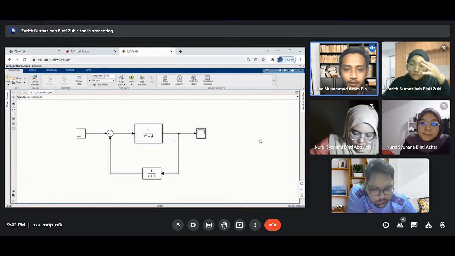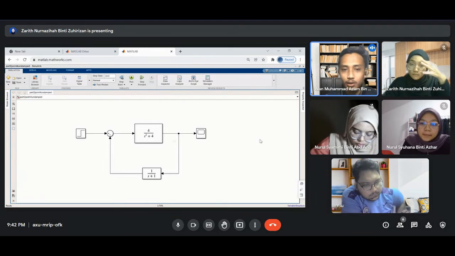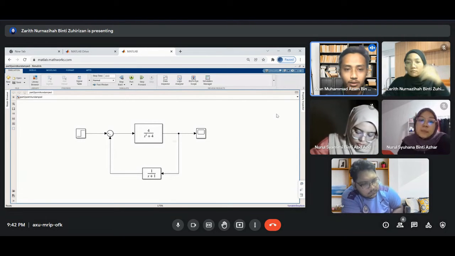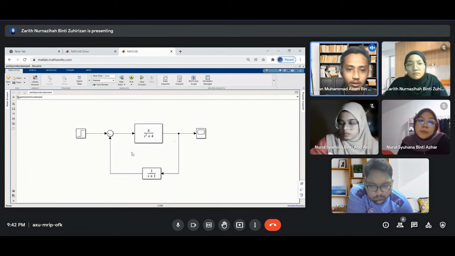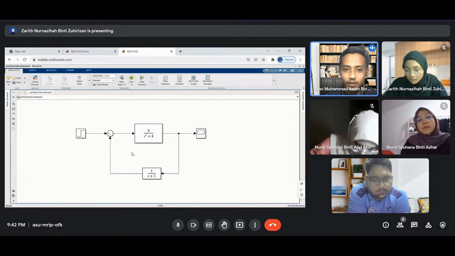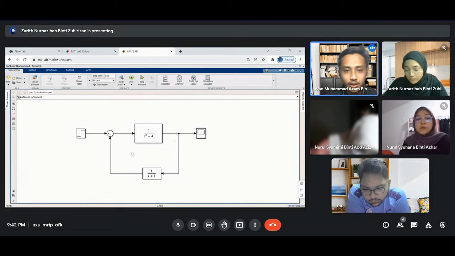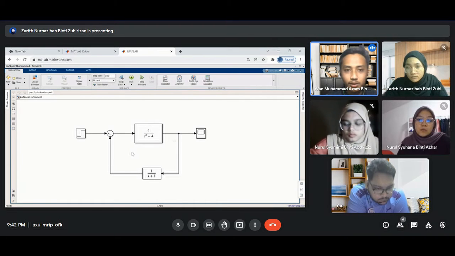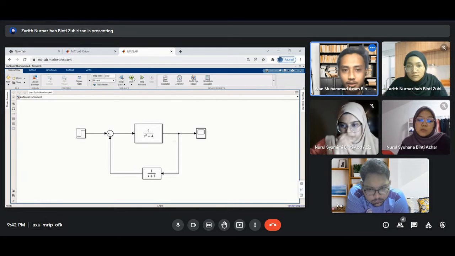Like the previous Part 1, the transfer function is 4 divided by s squared plus 4, and it just has the feedback 1 over s plus 1. Okay, Zarif, can you run it for me?